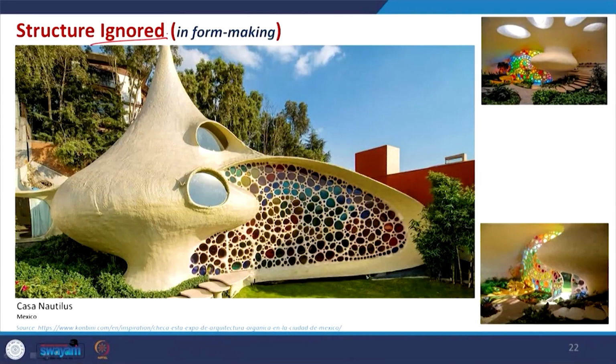But in the last category, structure ignored in form making, the form was given emphasis, and for that the typical or optimal use of structural arrangement and requirements was not followed, being ignored to give this particular form. But again this ignorance does not have any relation with compromise of the structural stability, stiffness and safety.